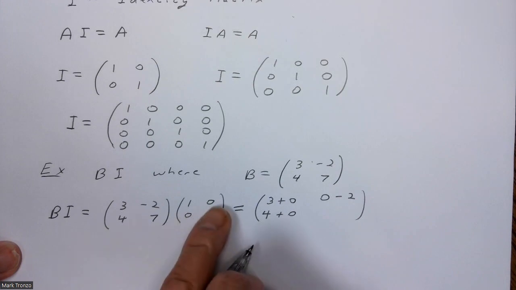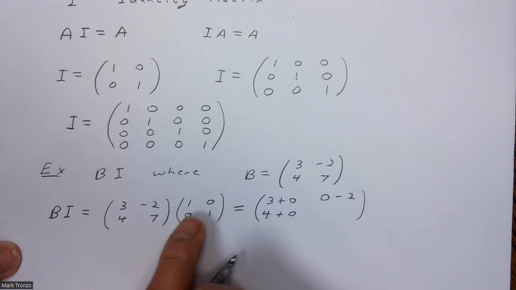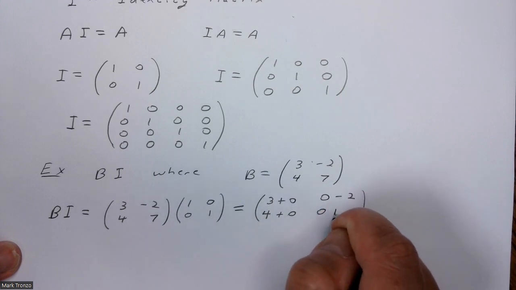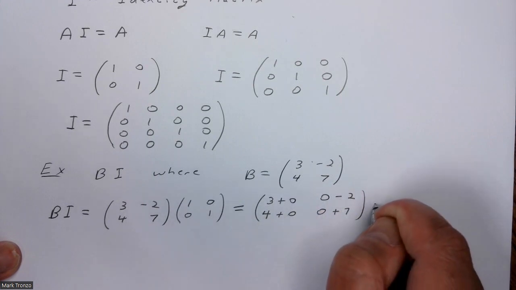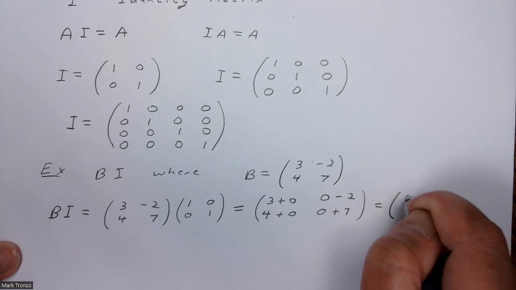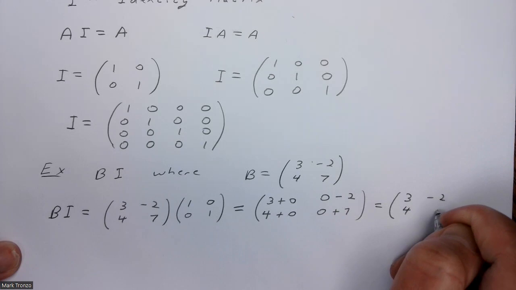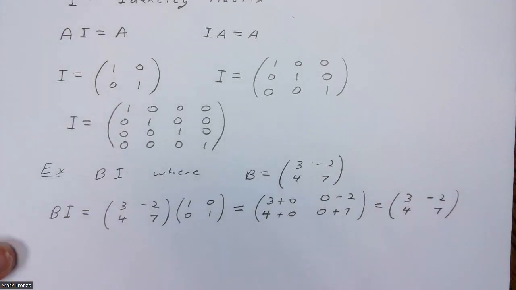Then multiply the second row times this last column. 4 times 0, which is 0, plus 7 times 1. And we have 3, minus 2, 4, 7. So whenever you multiply something by the identity, just with real numbers, you always get the original object back. In this case, we get the original matrix back.